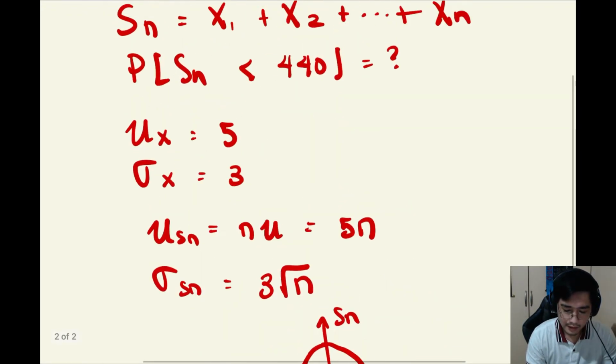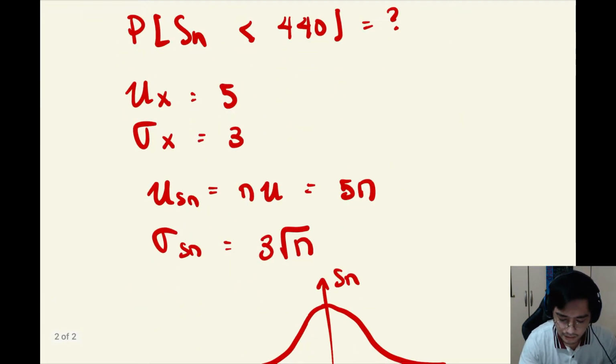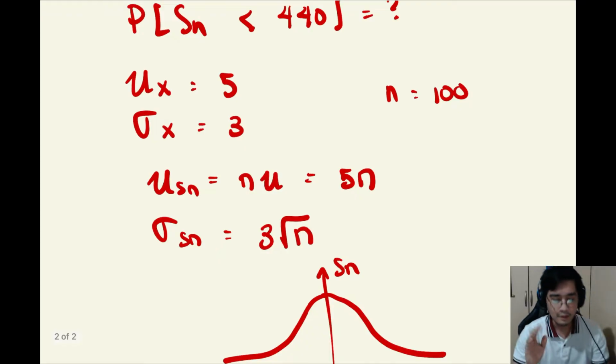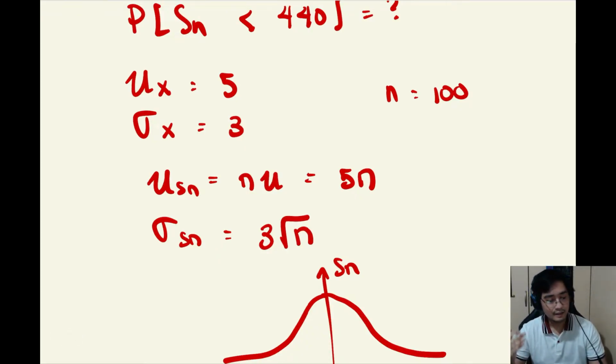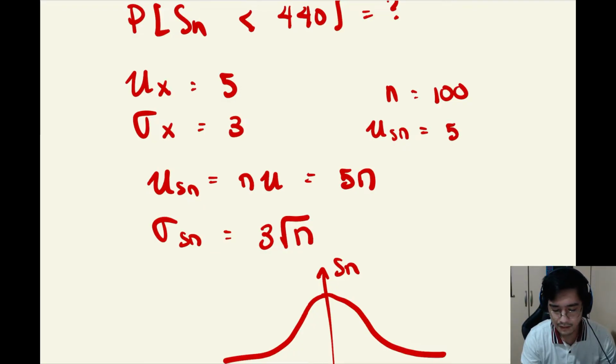Once again, we have n equal to 100 voters, as stated in the problem. If we have 100 voters and the mean of a single voter is 5, therefore mu_Sn is equal to 5 times 100, which is 500.